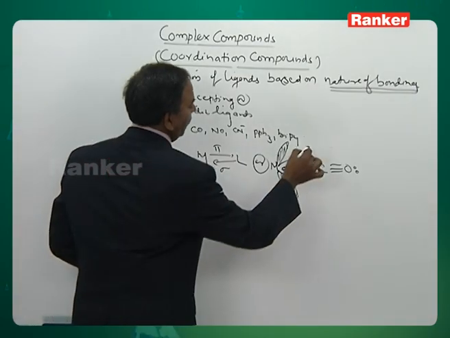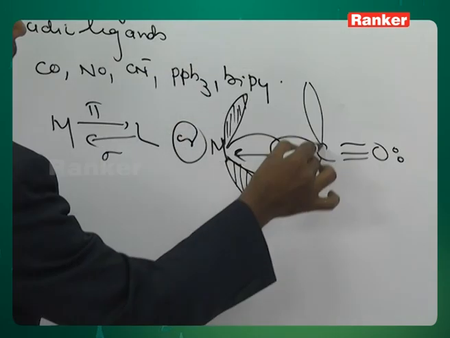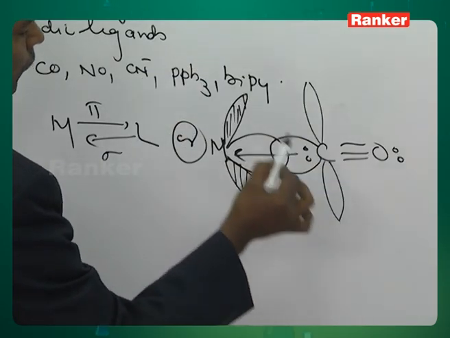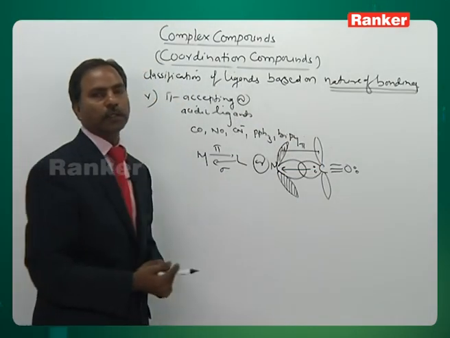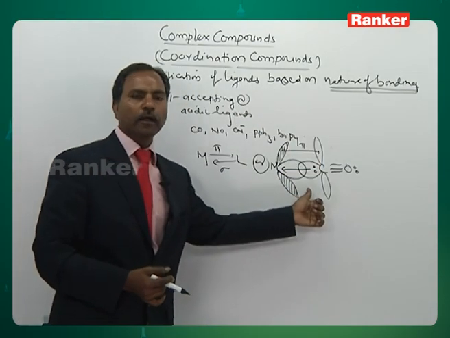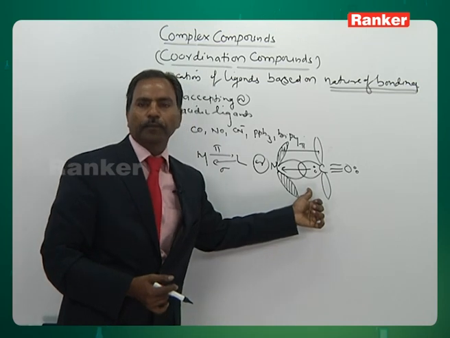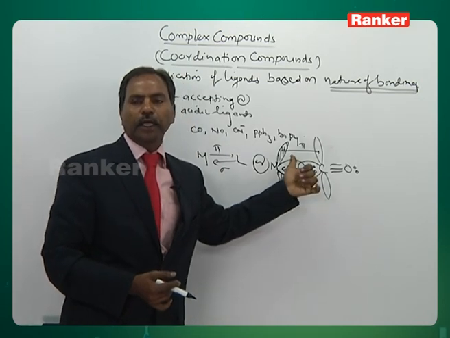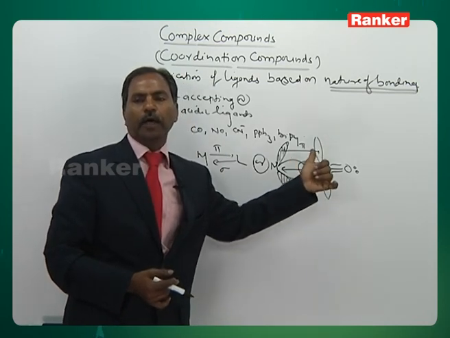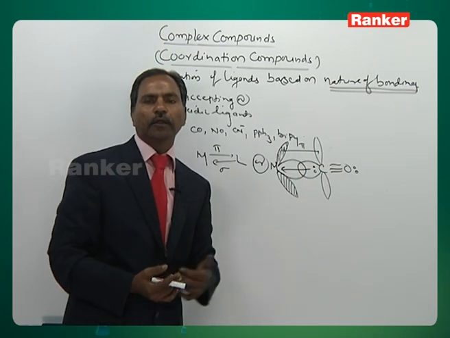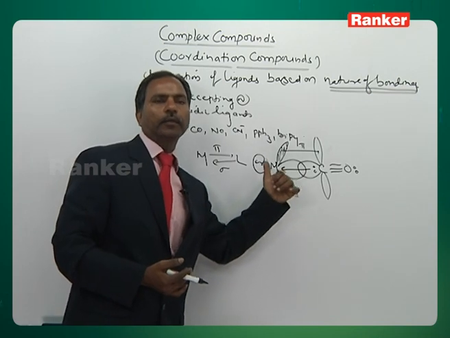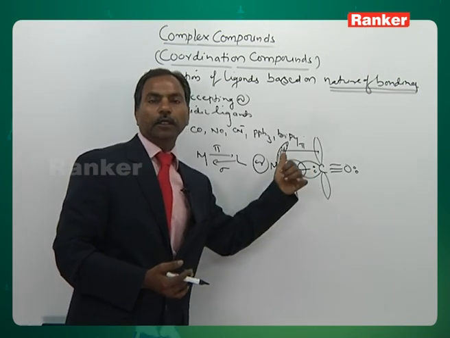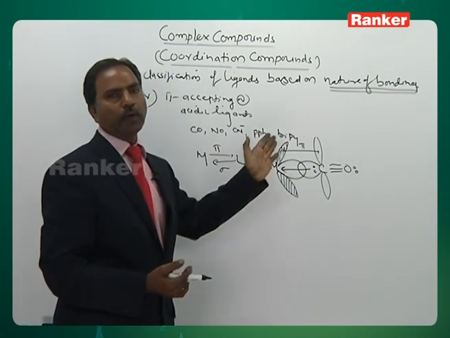This filled orbital again donates a pair of electrons to this carbon, resulting in the formation of a pi bond. What to understand here? First donating a pair, forming a sigma bond; again accepting a pair, forming a pi bond.